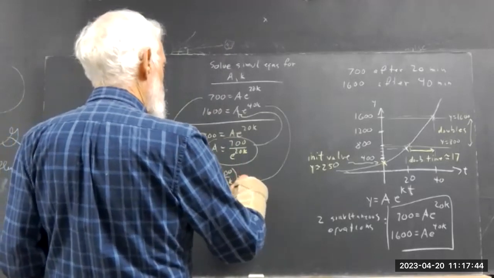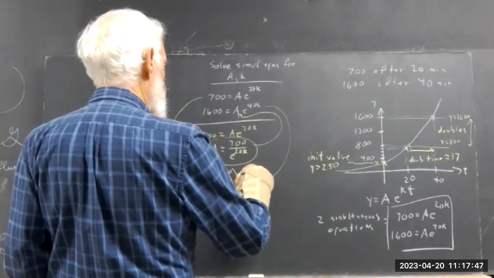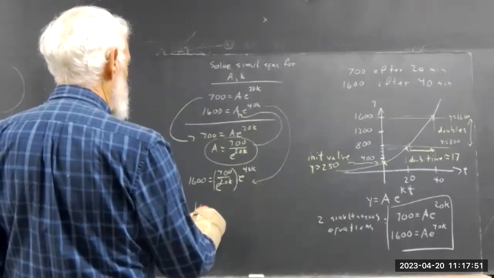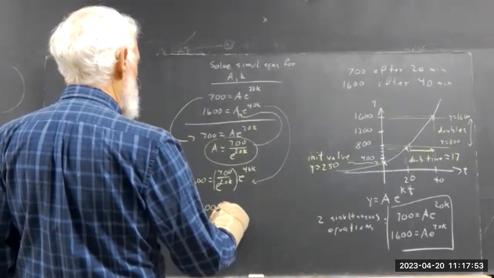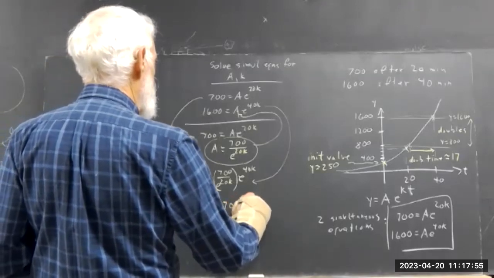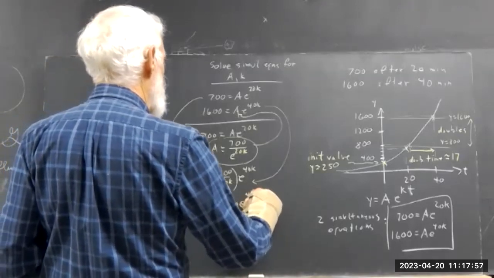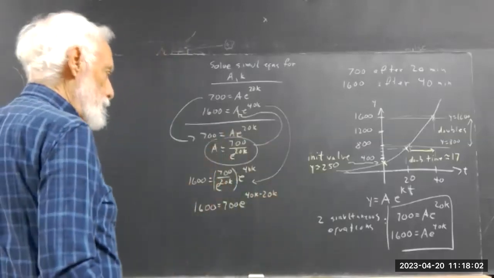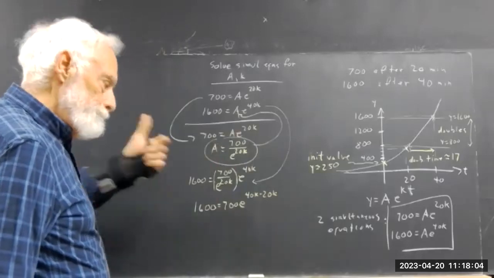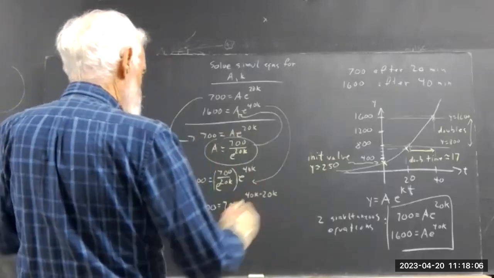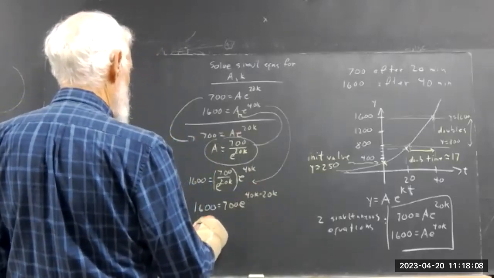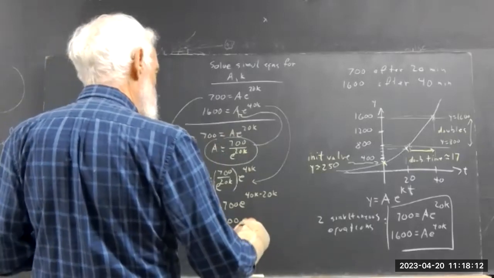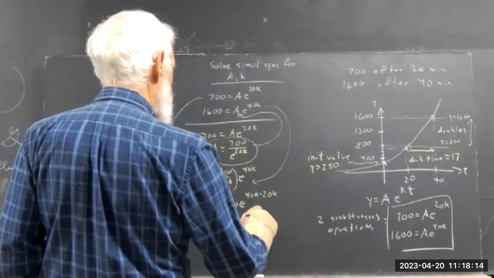Okay, so now 1600 equals 700 e to the 40k minus 20k, because we're dividing e to the 40k by e to the 20k. And that's what our rules for exponents and common sense hopefully tell us to do. We get 1600 equals 700 e to the 20k.